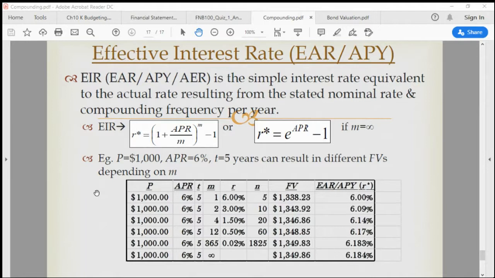And also, if you think about the difference between APY and APR, just by semantics, now think about it. Yield, that's annual percentage yield. Do you remember from the first topic we talked about, the return on investment, the very first topic?